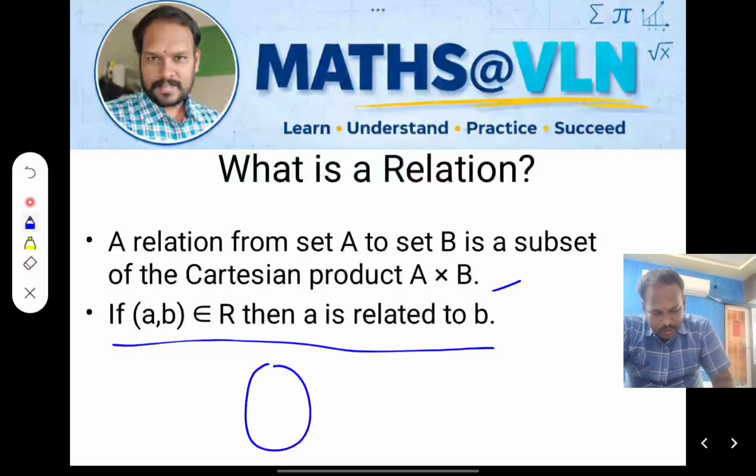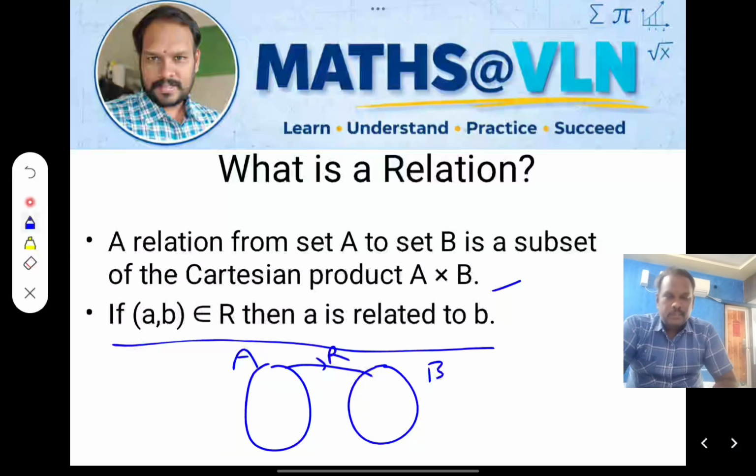Generally, we can represent it in an arrow diagram. It is set A and this is set B. From set A to B is a relation. a, b, c are in set A, 1, 2 in set B. So in the Cartesian product, how many possible ordered pairs do we have? (a,1), (a,2), (b,1), (b,2), (c,1), (c,2).